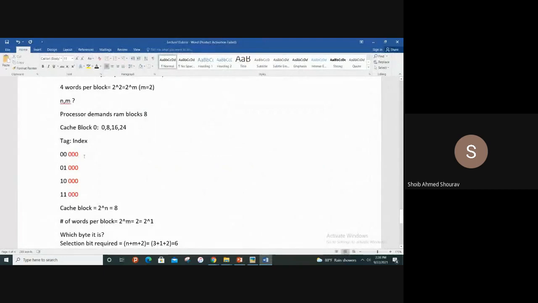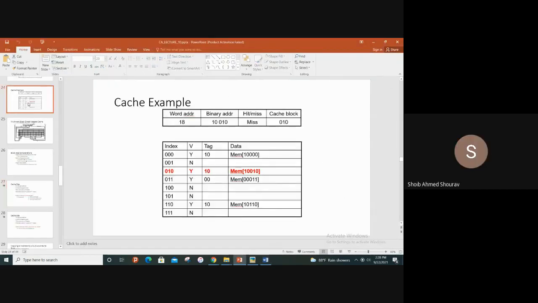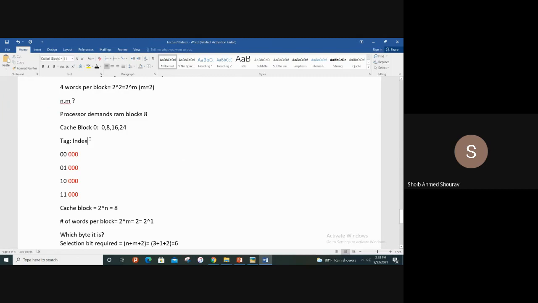So now, what is the tag bit? This was the block number, right? In which block that word was going, right? In this example, the last 3 bits, the indexing bits, were to find out which block it was going to. So we can say that the index was actually the selection bit.